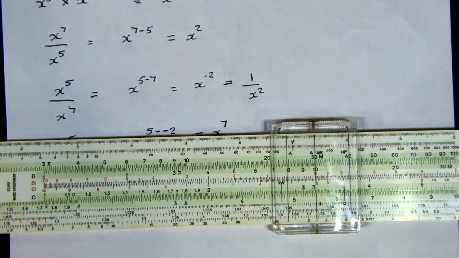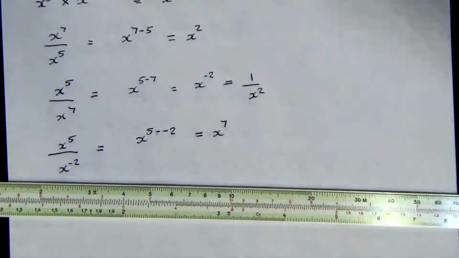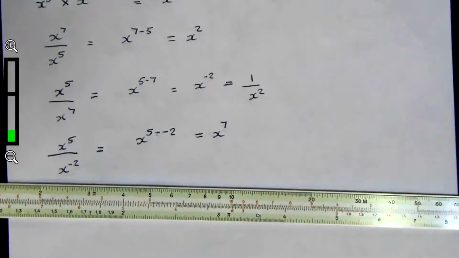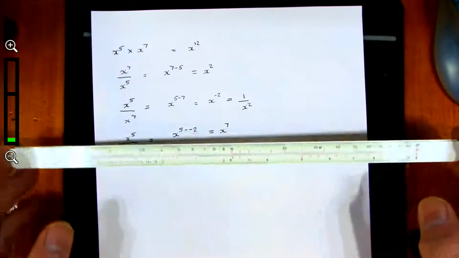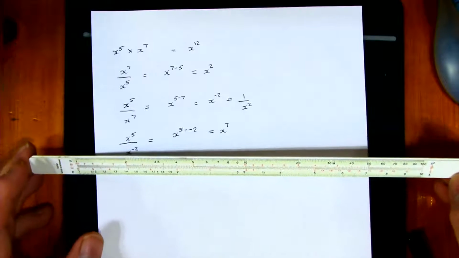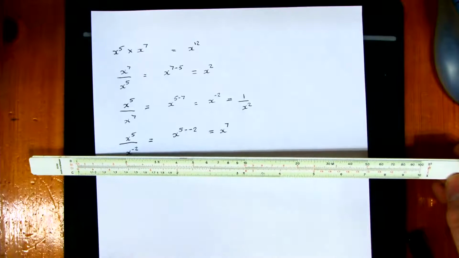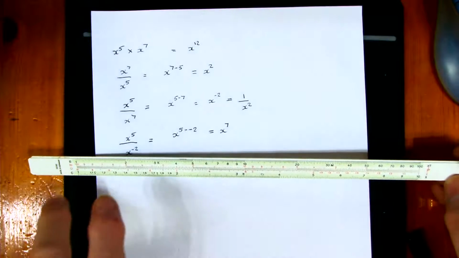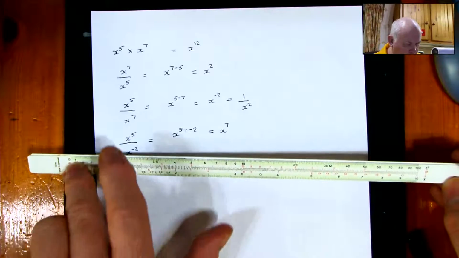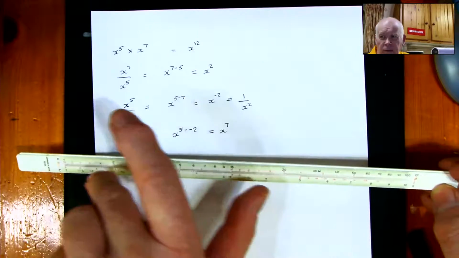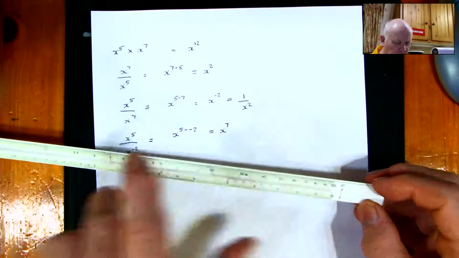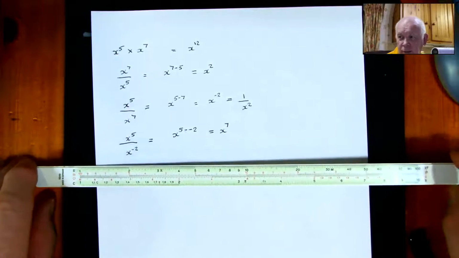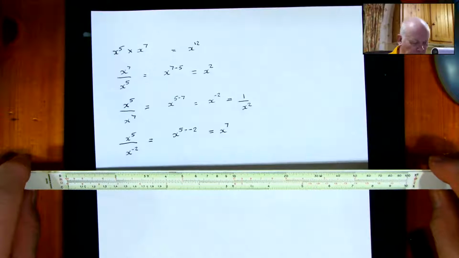Okay, so what's funny about one of these? Well, let's take my slide rule to bits, and we'll have a look. Zooming right out and trying to get the light just right, the distance from 1 to 10 is the same as the distance from 10 to 100, and is the same as the distance from 100 to 1,000.